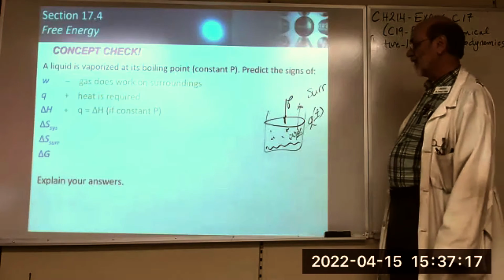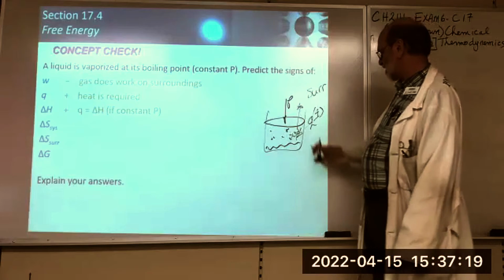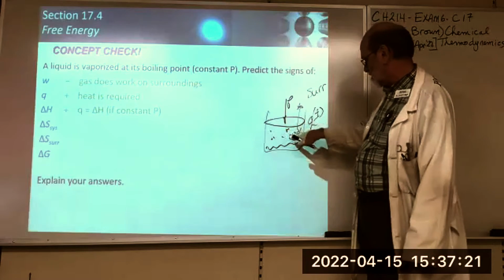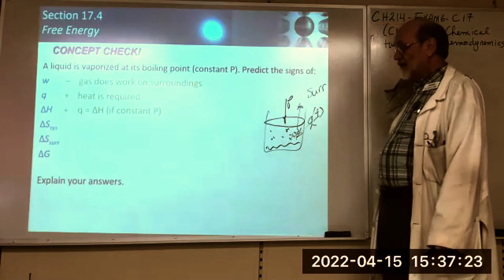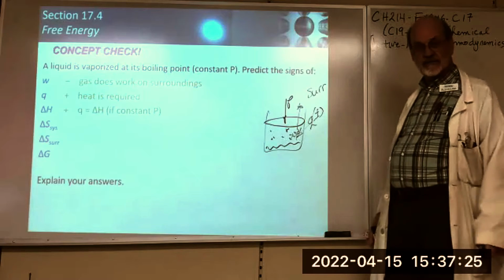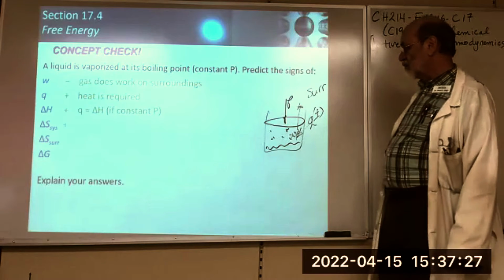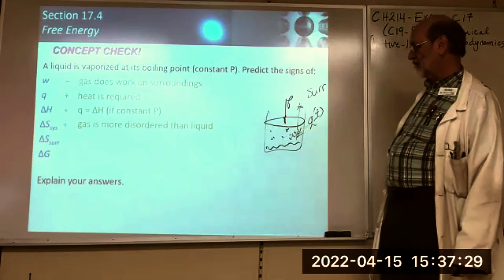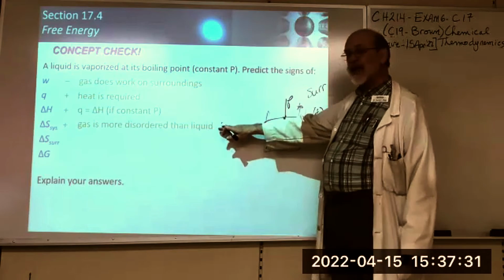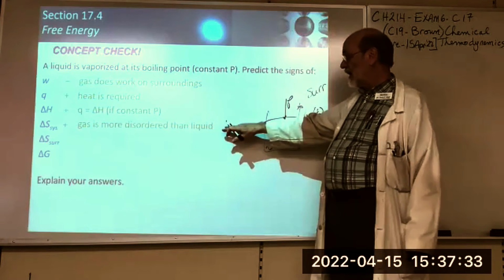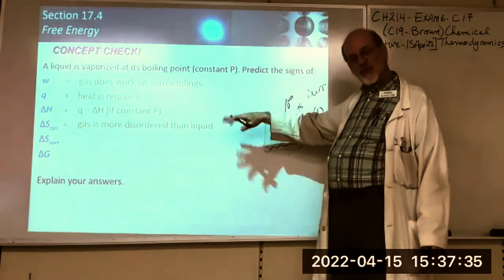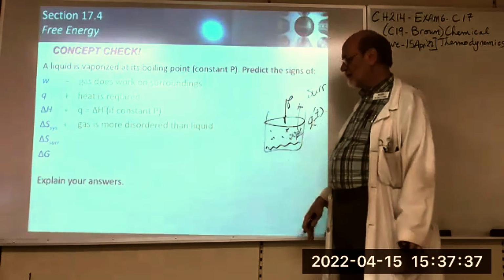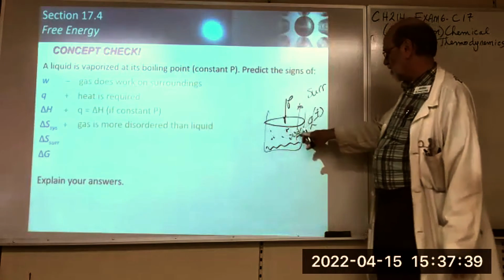Okay. How about the delta S for the system? Okay, here's the system. It should be positive also. We're increasing randomness. The gas is more disordered; as a gas, it's more disordered than it is as a liquid. How about the surroundings?